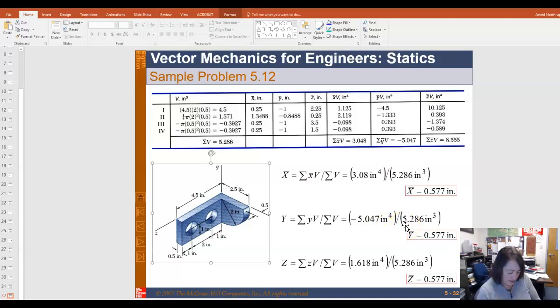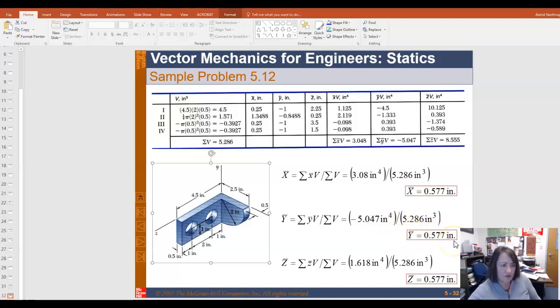If we take a negative 5.047 and divide that by a positive 5.286, that value is, yeah, this is incorrect. This value is negative 0.9548 inches.